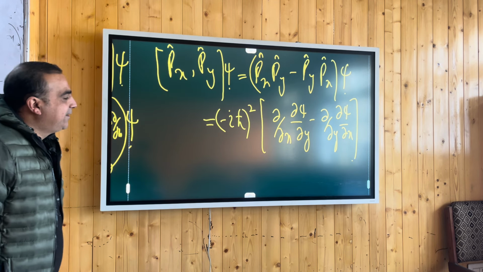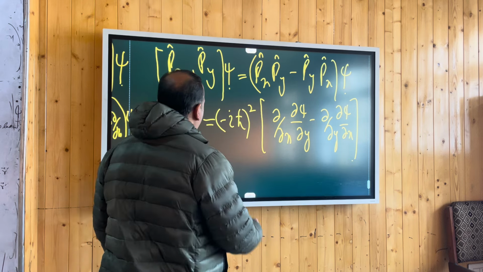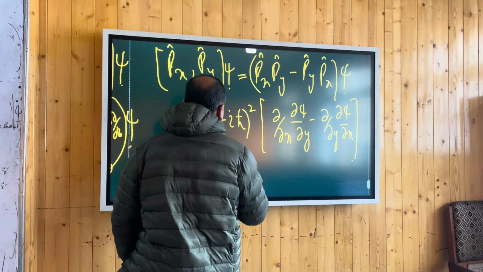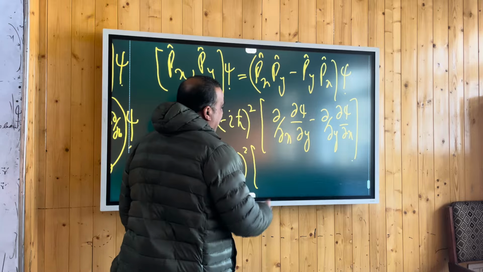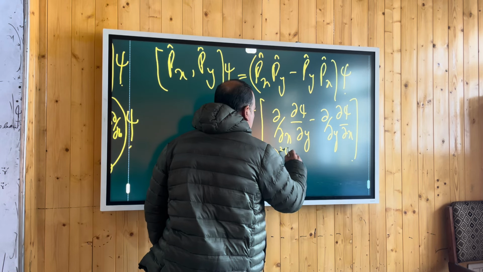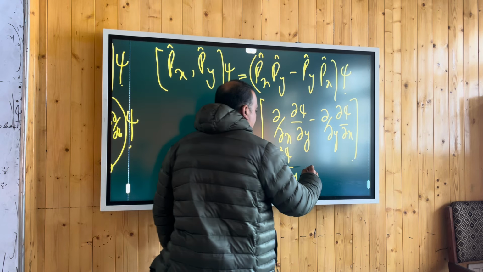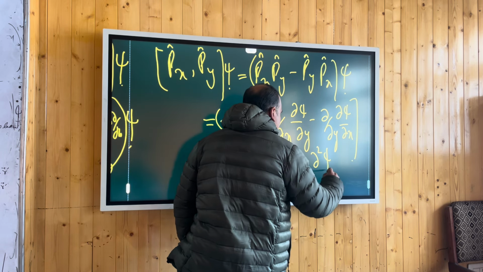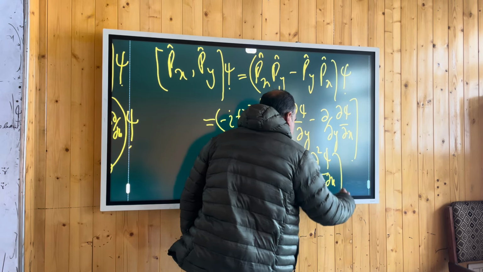That should be clear. So we can understand what will be the result. This is whole square. Now I can write this as dou 2 psi by dou x dou y minus dou 2 psi by dou y dou x.